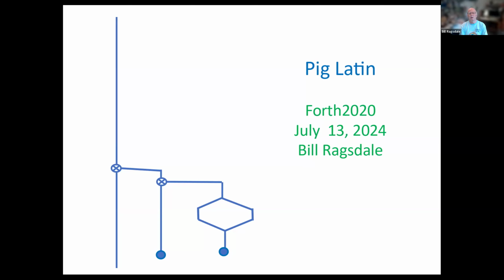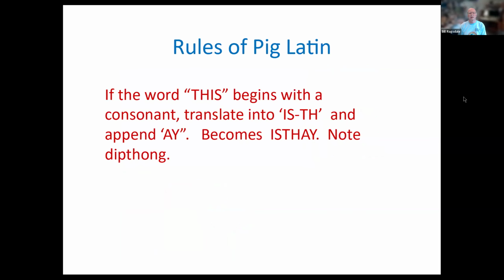So the rules of Pig Latin are that you take your normal word, and if the first letter is a consonant, then you move the consonant to the end of the word and add AY. In this case, the consonant is the diphthong TH, so you put a TH at the end and add AY, so this becomes isthe.